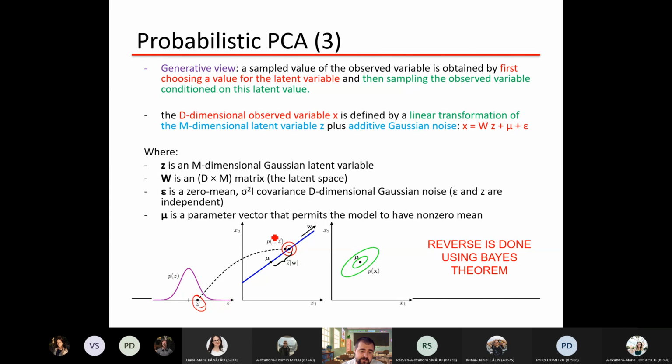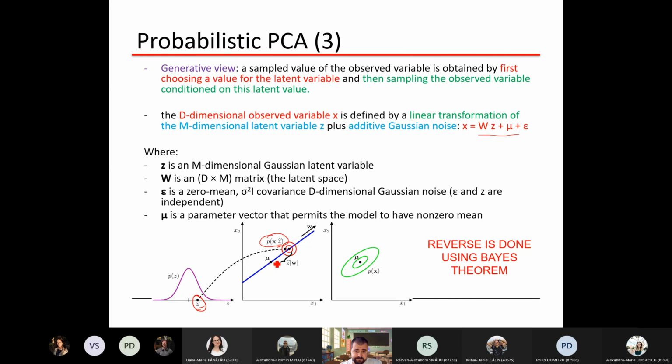So we know that we have p of x given z, but now we know the exact value of z, which is z hat, and therefore we have this Gaussian distribution that is centered in here, and we also know that for x we have this formula Wz plus mu plus epsilon.